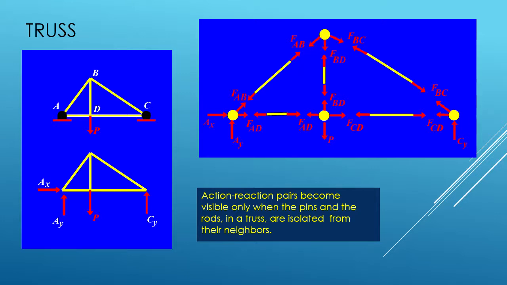Similarly, pin with BD, and you can see a whole bunch of action-reaction pairs here: FBC, FBC, FCD, FCD, FAD, FAD, and all of these action-reaction pairs are keeping this structure together.